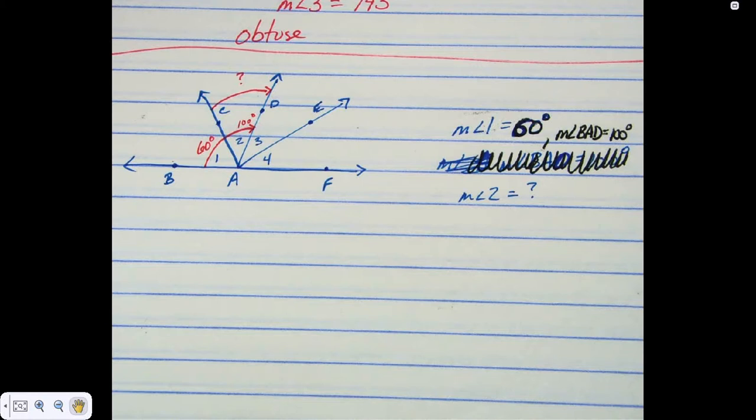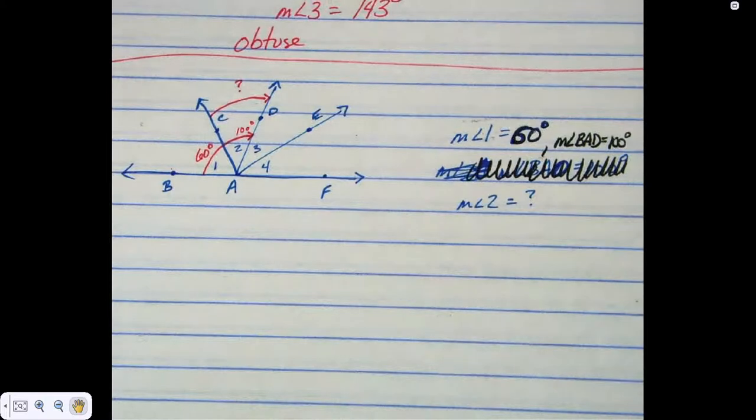See, people tend to have a problem with this because, what's weird is they won't have a problem with this. What's that? 40. Same thing.